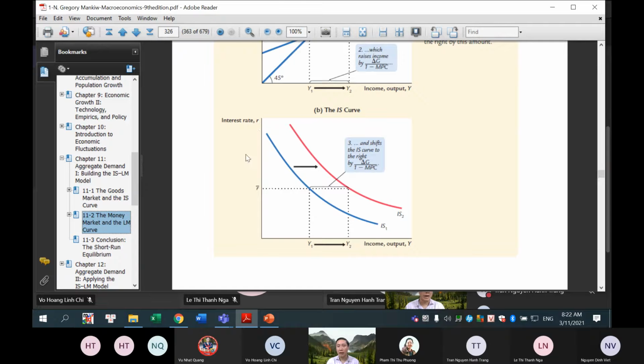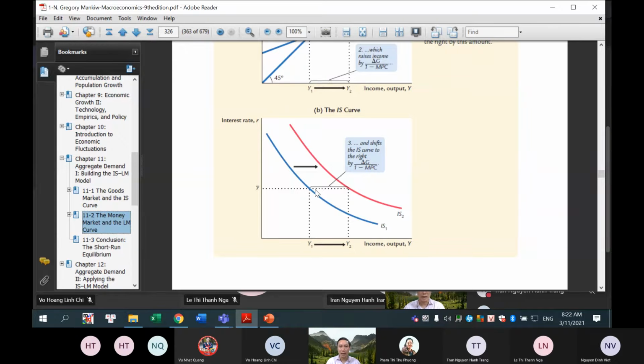It means that when the interest rate goes up, investment spending will be reduced, and therefore total spending will reduce, and of course the equilibrium income also reduces. So income will reduce and move upwards to the left along the IS curve.